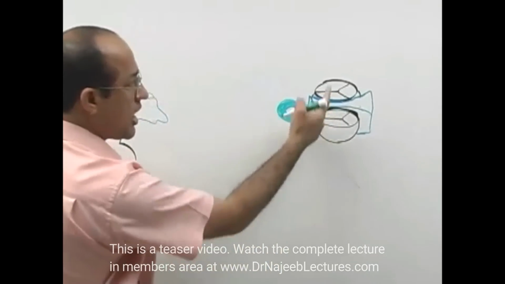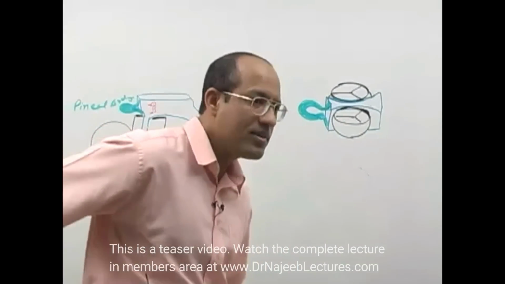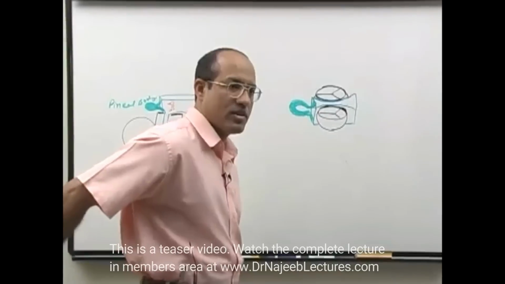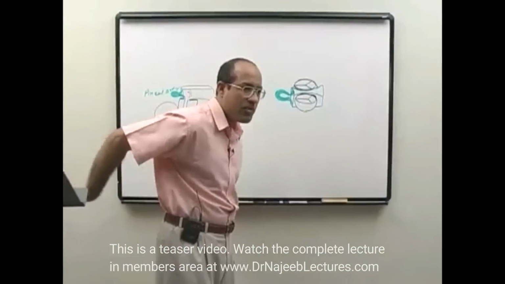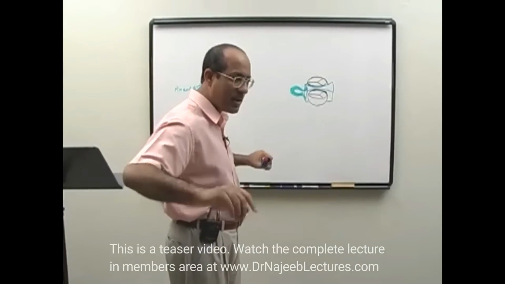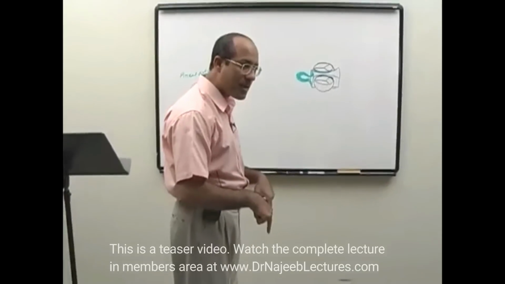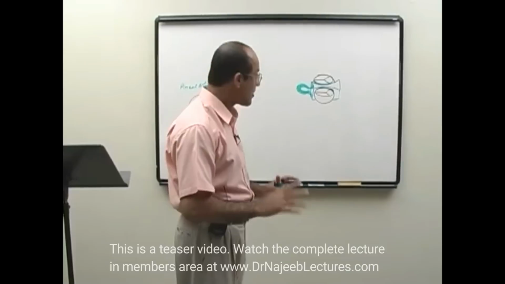So thalami on the sides, and on the back we have the pineal body. On the sides we have thalami, and below we have the midbrain. Total orientation? Okay.